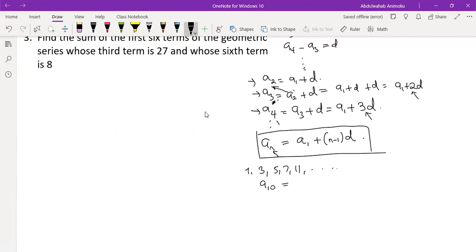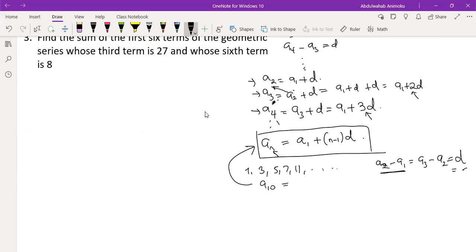Now that I'm writing this sequence, I've not written it up to the 10th term. But with this general term, because it's an arithmetic sequence, how do I know it's an arithmetic sequence? Basically, if I check and I see that the difference between two successive terms is always a constant.